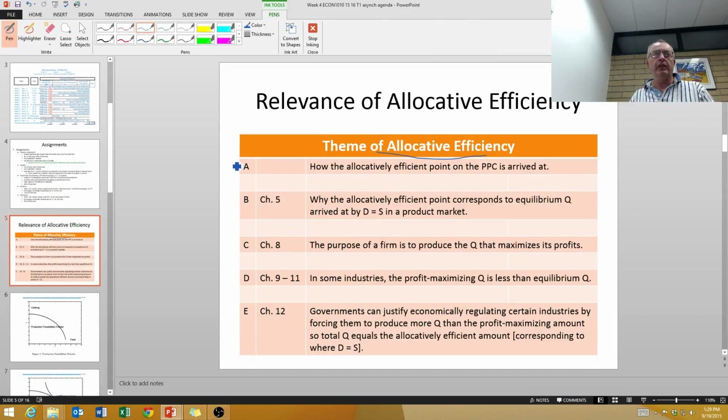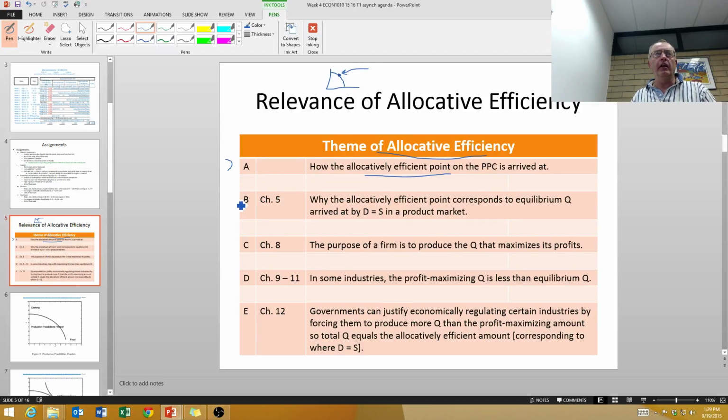So just before we start Chapter 5, I'm going to try to explain to you how the society or the economy arrives at this point of allocative efficiency on its production possibilities curve. The book doesn't really explain it, but I want to tell you what the theory is behind why society ends up there as opposed to down here or over here.